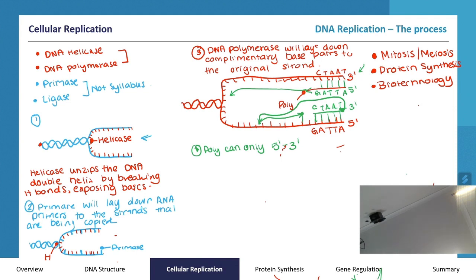So it would jump back until here and then continue building the strand until it got to this point. Because of this jumping back motion, we end up with a strand that has continuous replication, following the same direction as helicase, called the leading strand, and a strand that has discontinuous replication, or replication in certain chunks, called the lagging strand.